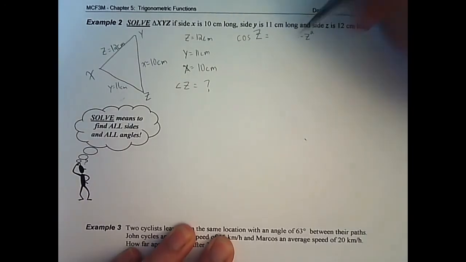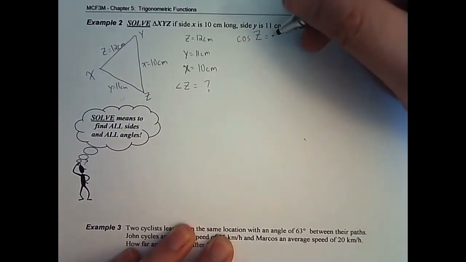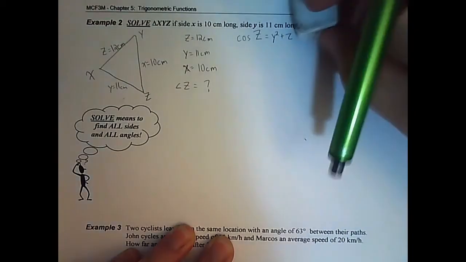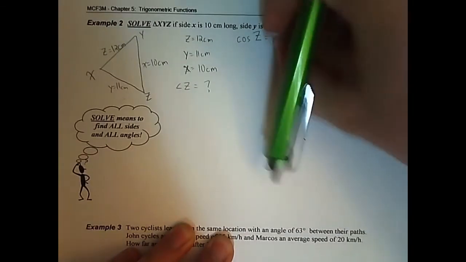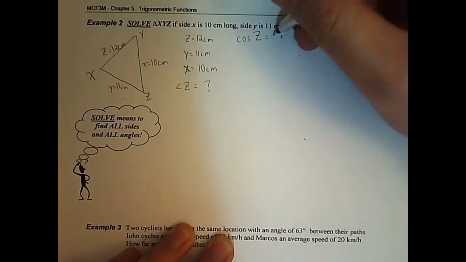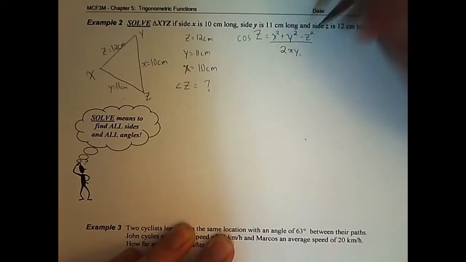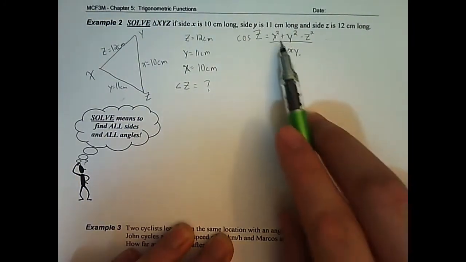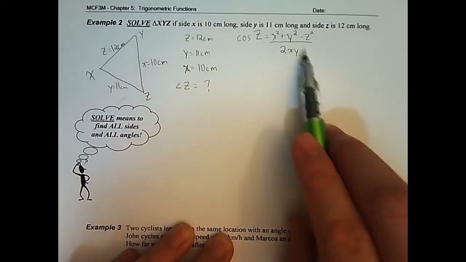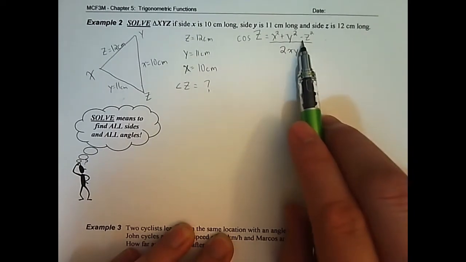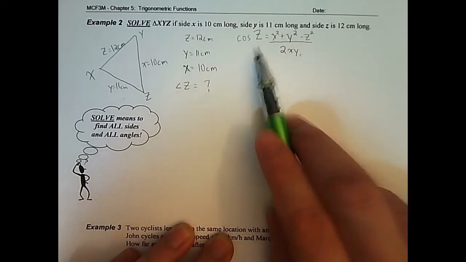And then the first two are just the other letters that we have. So y squared plus Z, oops. Again, these orders don't matter, but I'll do an alphabetical order. X squared plus y squared over 2xy. So I'm using all three of the sides here, and the minus part is always for the side opposite the angle that we want.